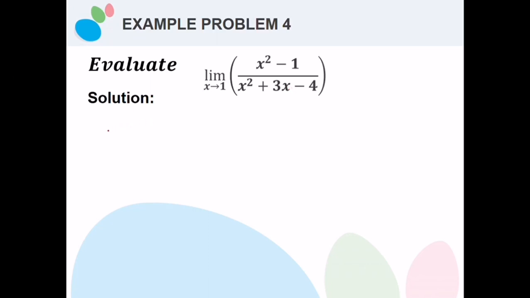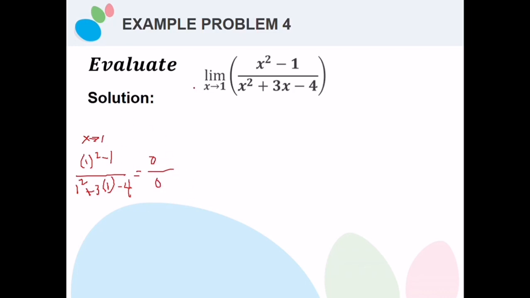If we substitute in the function, this is 1 squared minus 1 divided by 1 squared plus 3 times 1 minus 4. So 1 squared minus 1 is 0, over 1 squared plus 3 is 4, minus 4, so our answer is 0 over 0. This is already an indeterminate form.